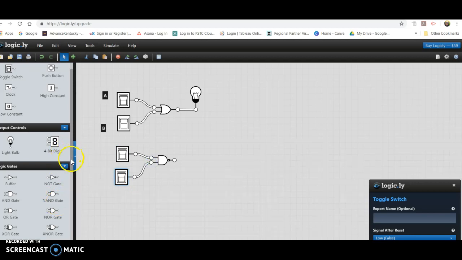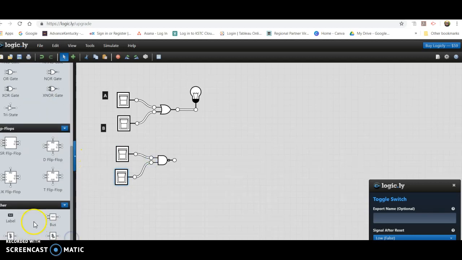And we'll label our switches once again, so I have a way to refer to each one.